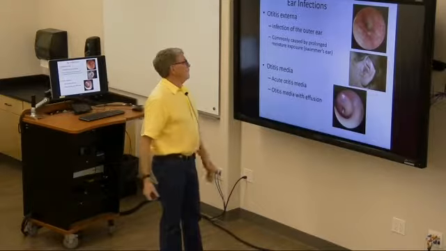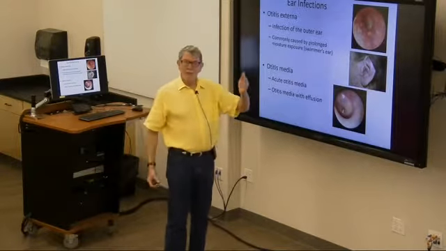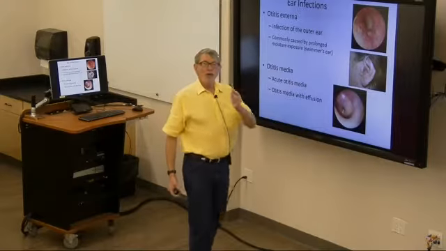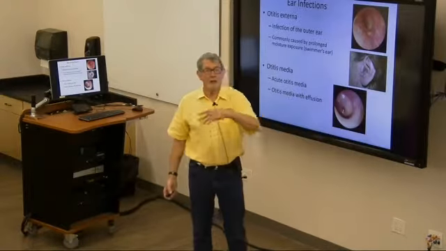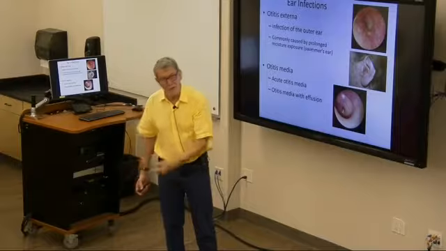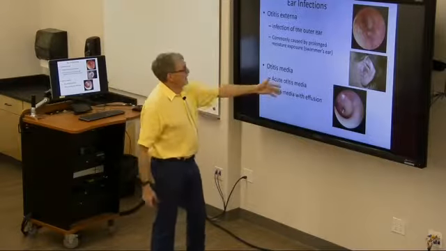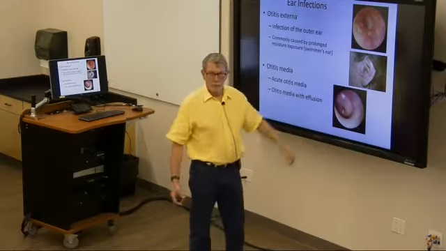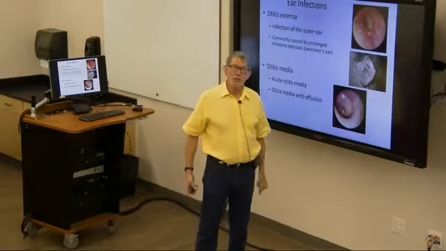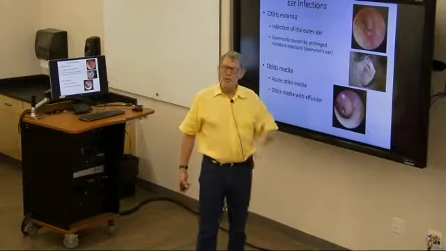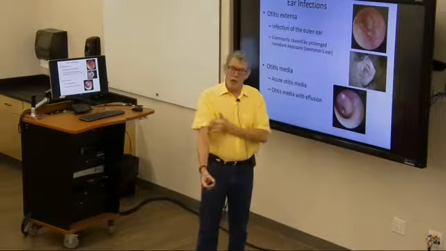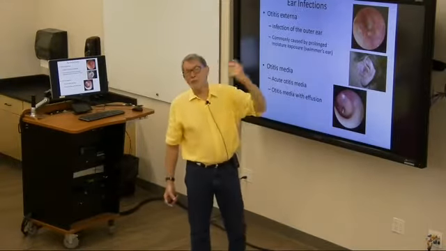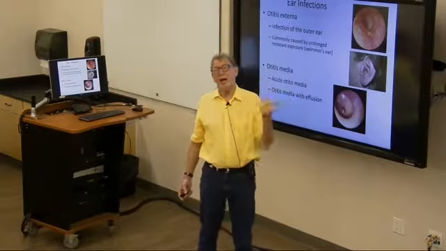Ear infections can be on the outside, the middle, or the inside. Otitis externa, otitis media, otitis interna. Looking at otitis externa, most common are external ear infections. They may make it all the way to the eardrum, but there are things that can be treated from the outside.